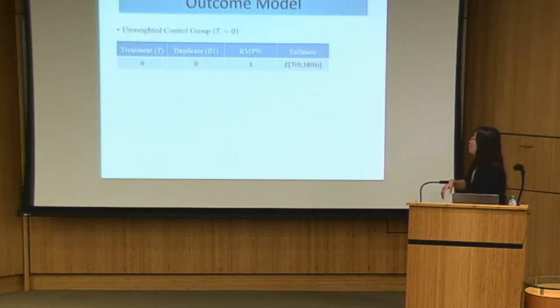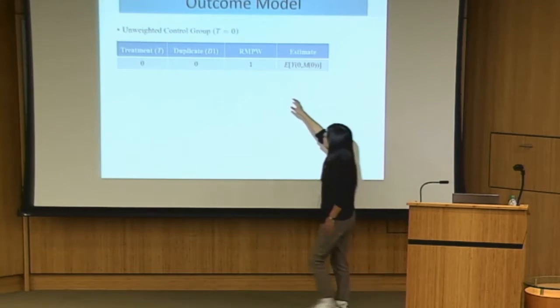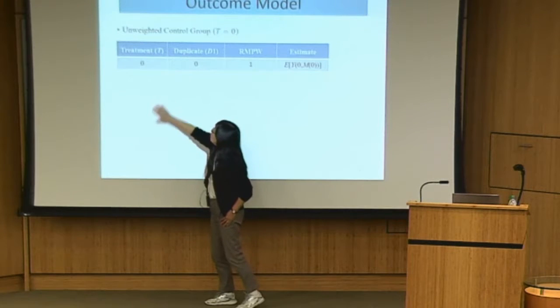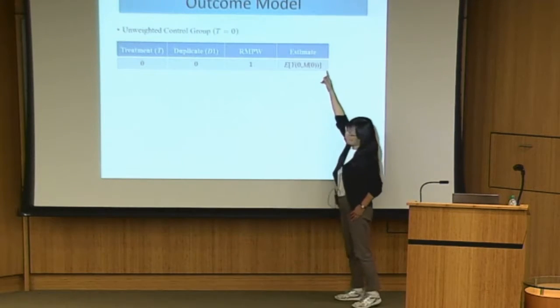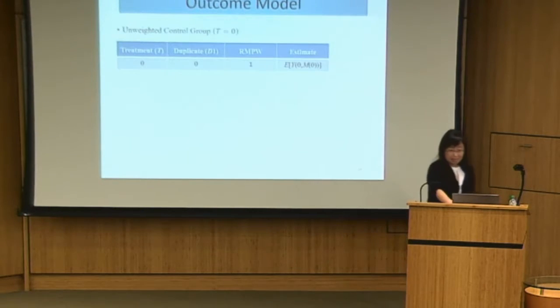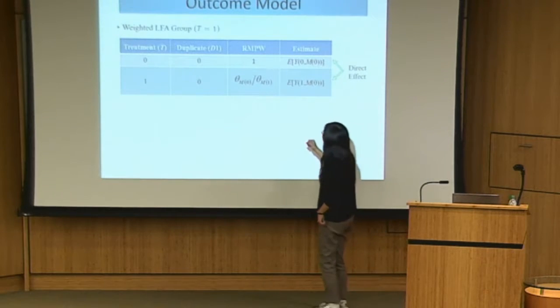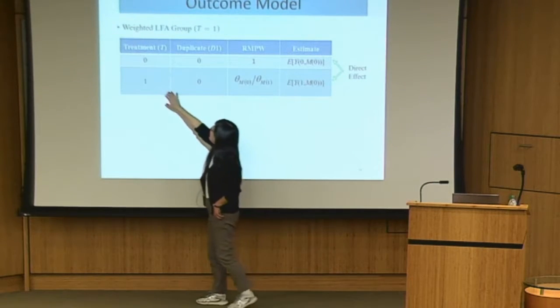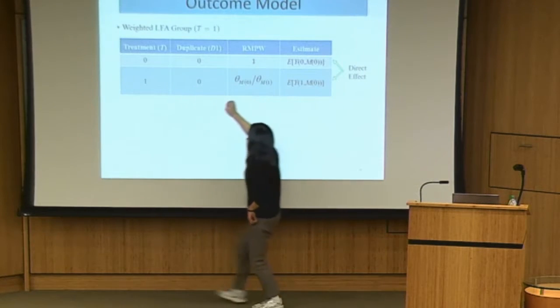So here's one way of implementing it. My first column was a control group. When it's unweighted, it identifies this quantity, the average control mean in the population. Here is actually the third column you just saw. I take the treated group, although weighted.